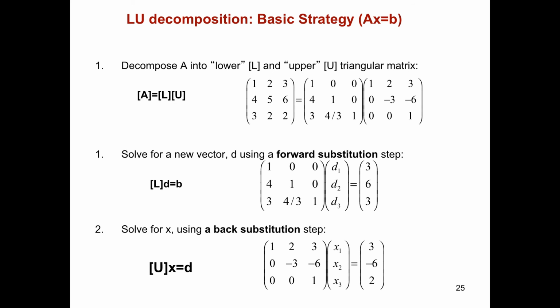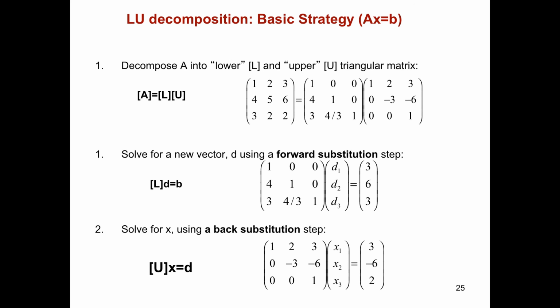Okay? If you were actually solving the problem using LU decomposition, then you would go through 2 more steps. First, you would solve for D such that LD is equal to B now that you have L. And that's simple. So your D1 is staring at you right there, then you just plug it in and get a D2, plug D1 and D2, get D3. So that's straightforward, and these are simple to solve.